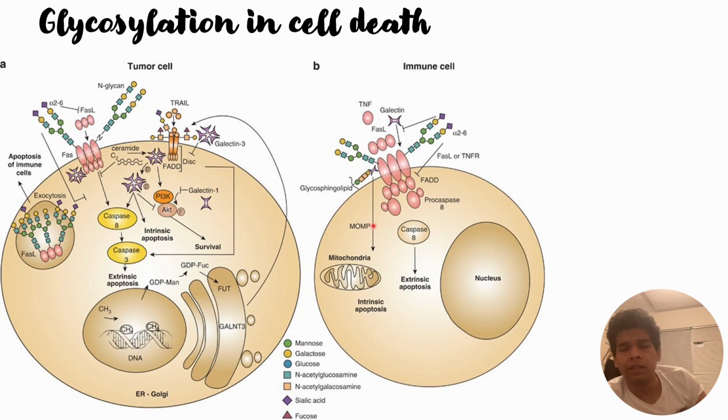Now let us understand how glycosylation works in the immune cells. In the immune cells, these FASL receptors are usually related to the apoptotic signaling pathways.